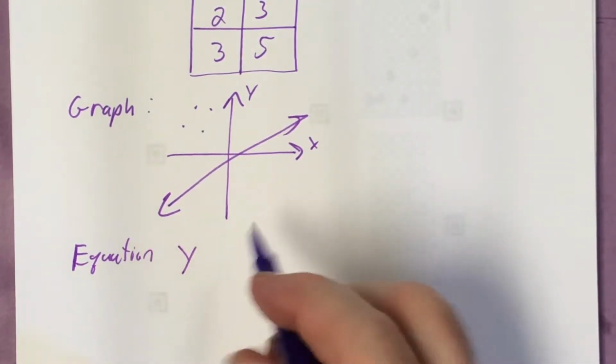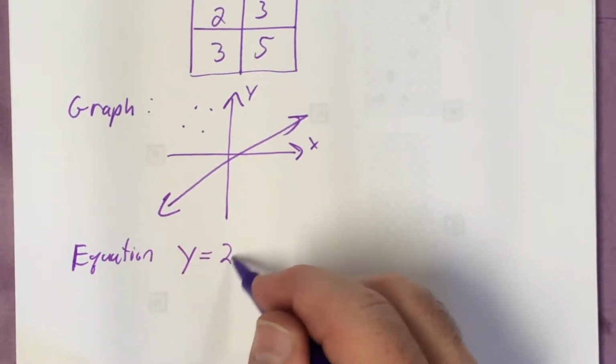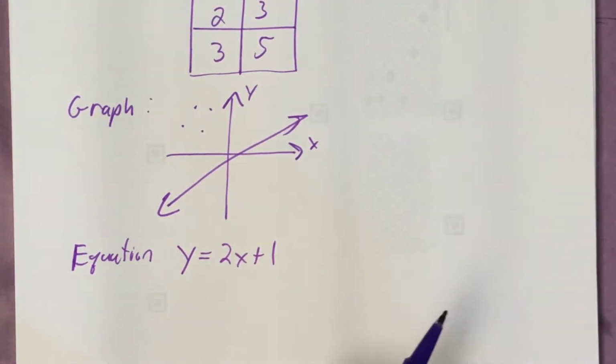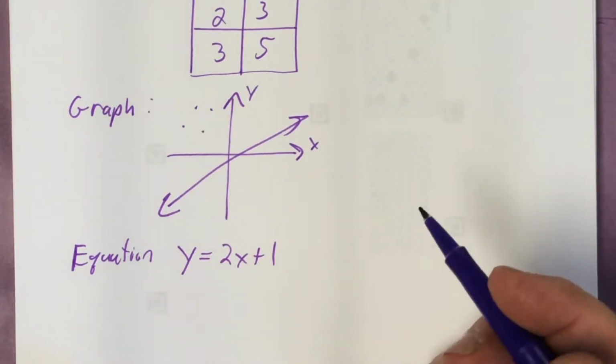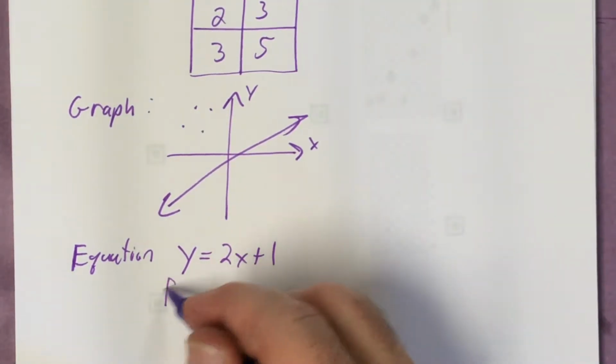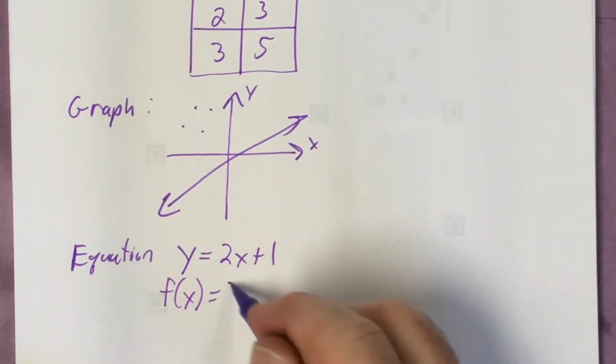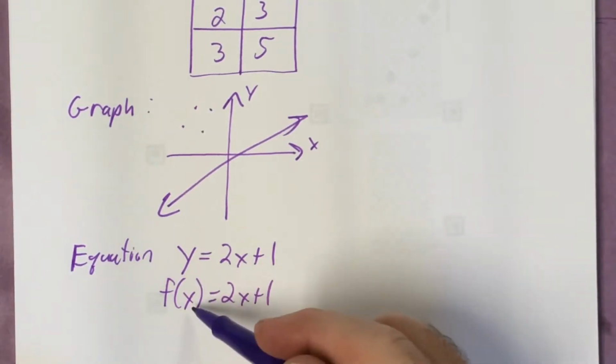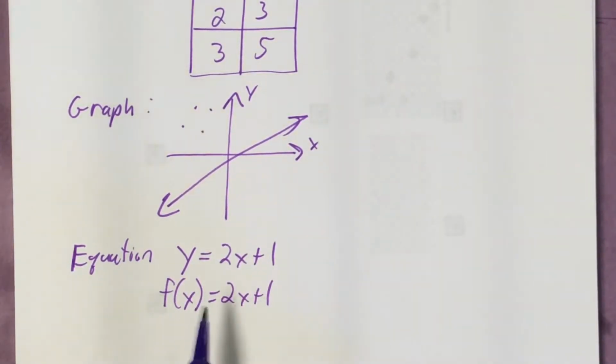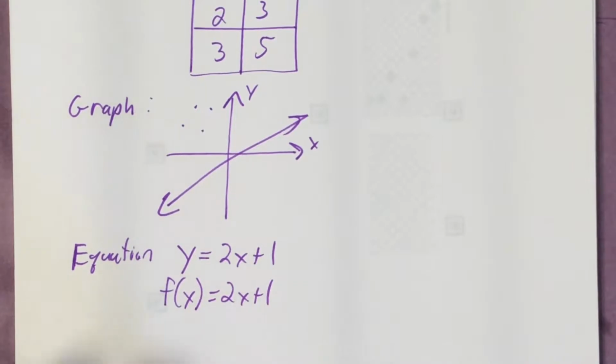You may have something like y equals 2x plus 1. If we want to say it's a function, we may use a new notation we'll talk more about later, which is f of x equals 2x plus 1, where the f of x takes the place of the y. And we'll speak more about that a little later in the activity today. So these are all different ways that we can talk about what are called relations in mathematics.